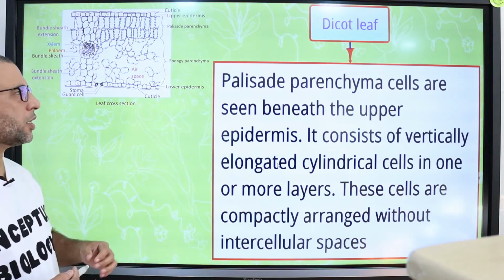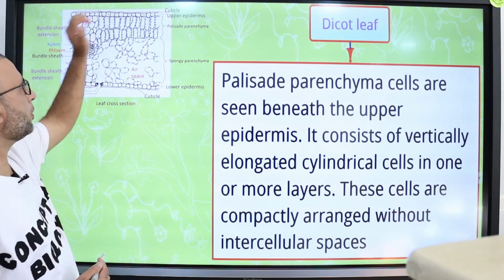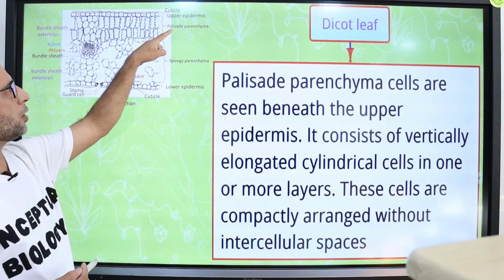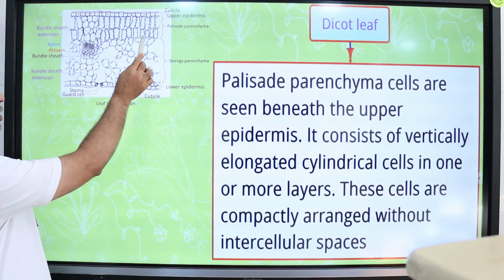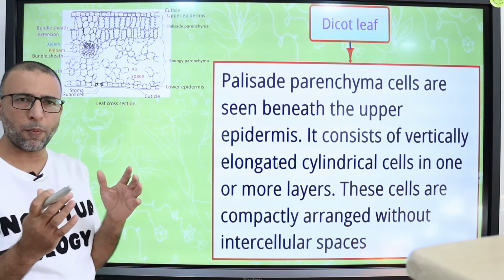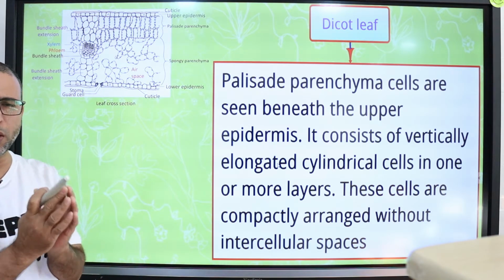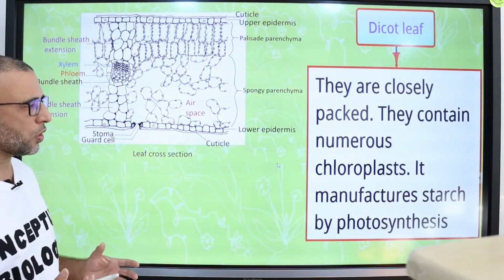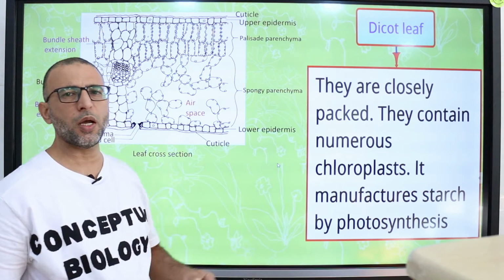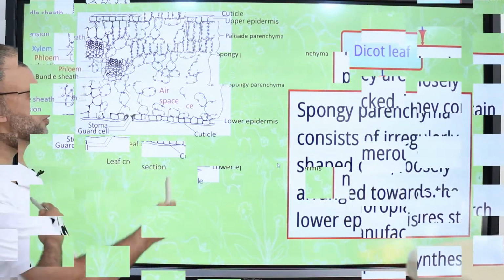Palisade parenchyma cells are present below the upper epidermis. They are cylindrical cells present in one layer or two layers, compactly arranged without intercellular spaces. They contain numerous chloroplasts and are photosynthetic in function.